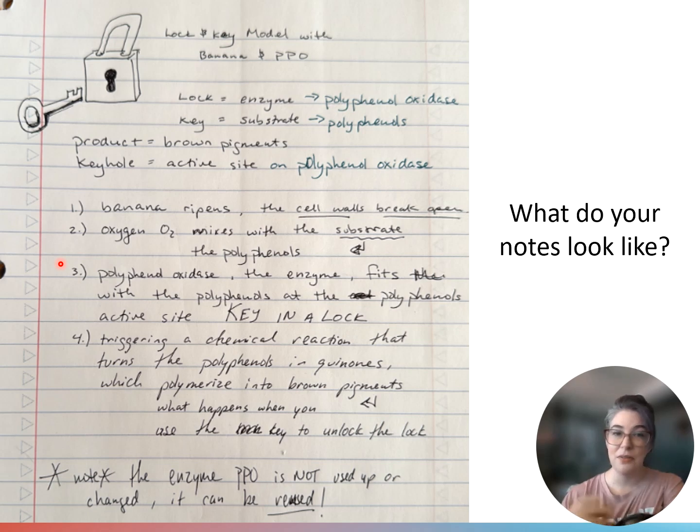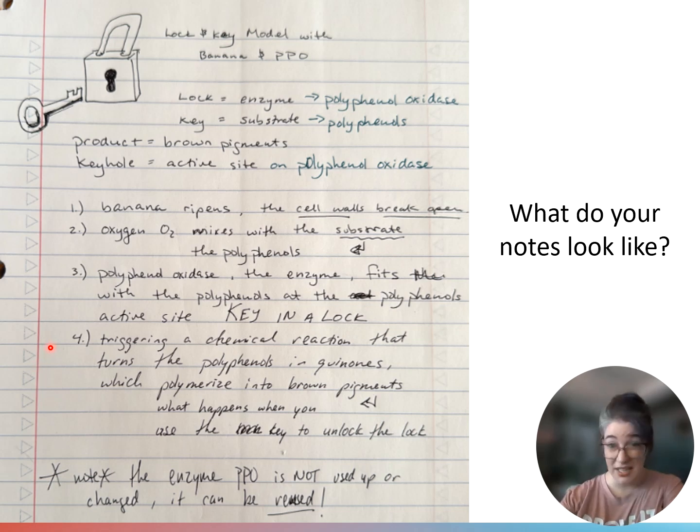Polyphenols are also in apples, so if you don't like your apple slices to look brown if you cut them in the morning and eat them at lunch, you can just add some lemon juice, and that lemon juice will change the pH, and that enzyme isn't going to be able to interact with the substrate as easily. It's going to change the factors that impact your enzyme.